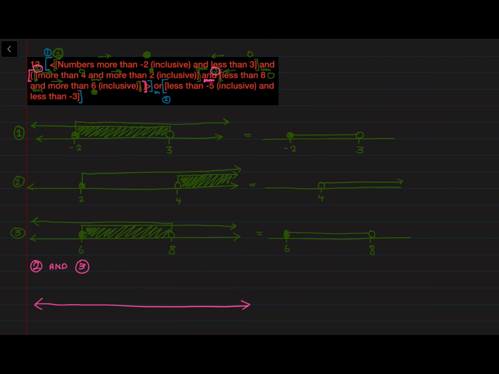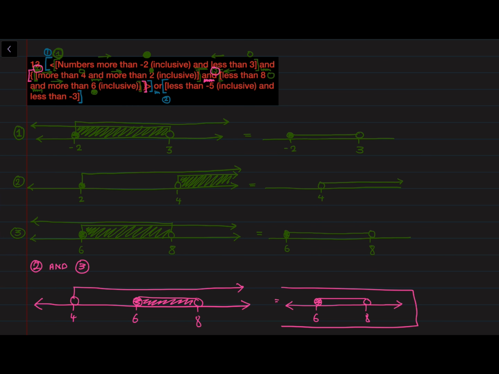We have numbers that are more than 4 and then we have numbers from 6 to 8, like this. Because it's and, we're looking for an overlap, so it's going to be this region. So overall, for this part of the question, we have numbers from 6 to 8, like this. And this is our final answer for the pink part.